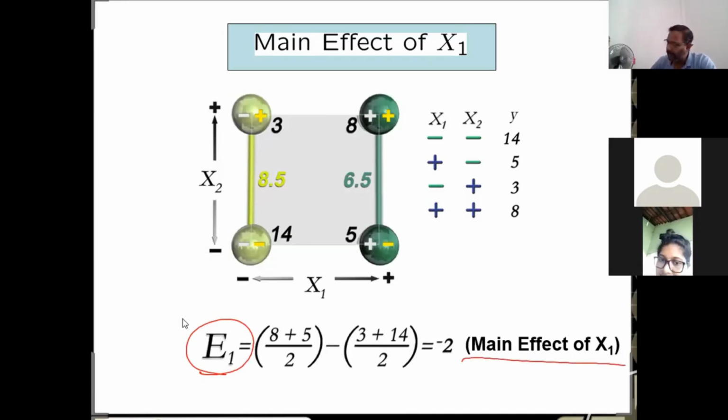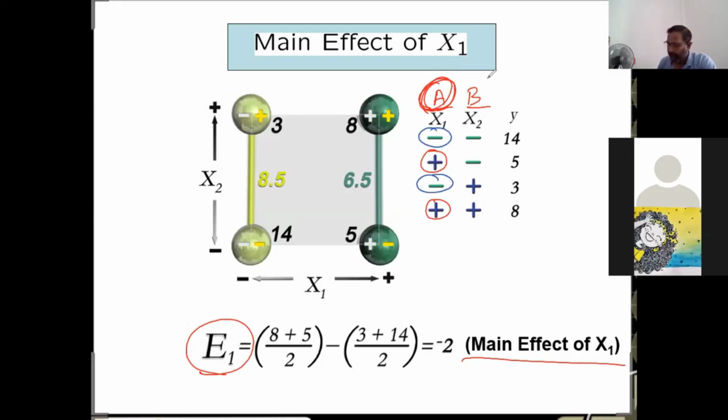So here we are considering this is A and this is B, x1 and x2, 2 factors. If you want to get the effect of A, we take the difference between the average value of pluses and the average value of minuses.